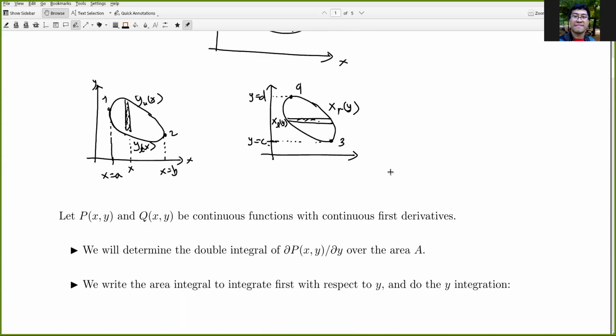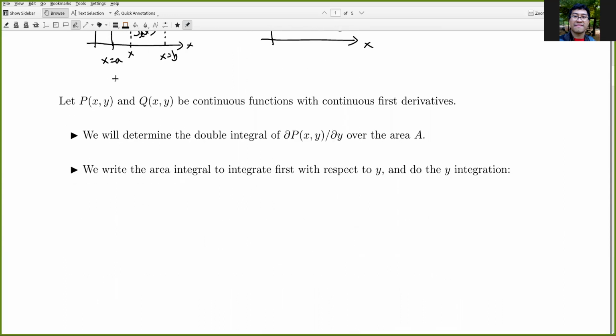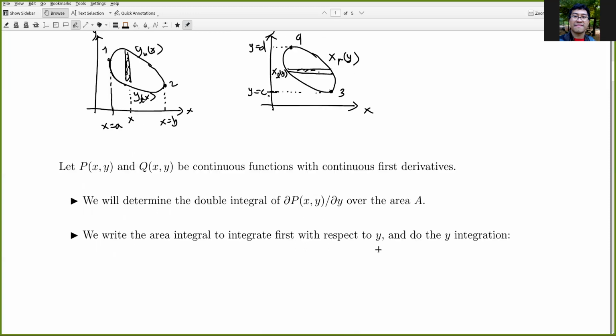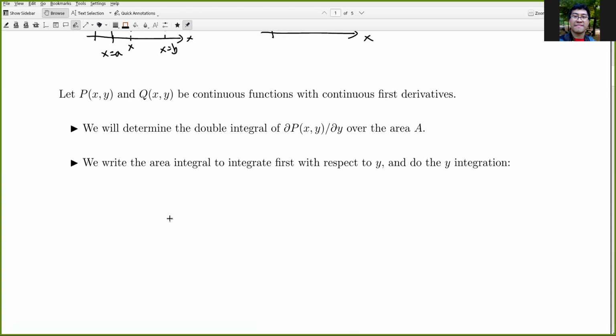So among these two options that we have, suppose we'll pick this. Okay, we do first with respect to y and then do the x integration.